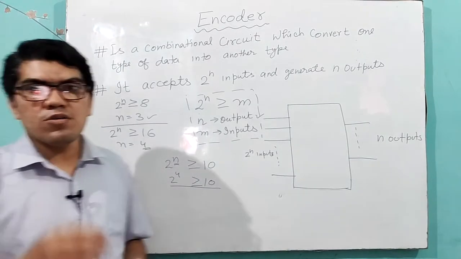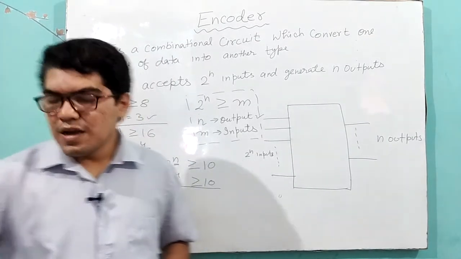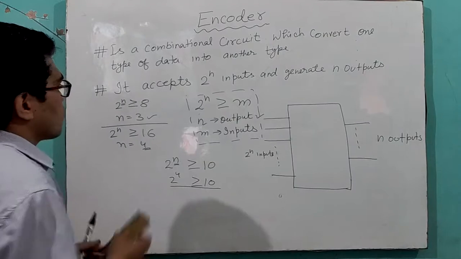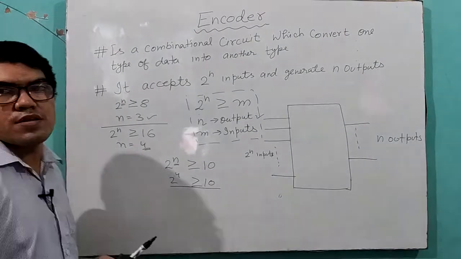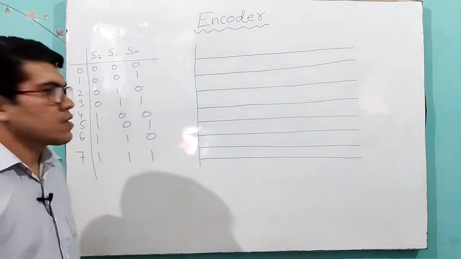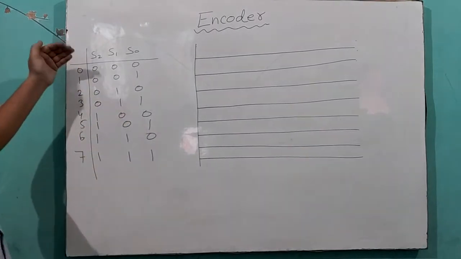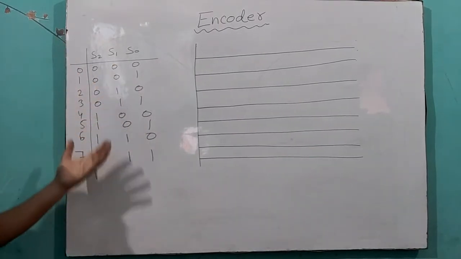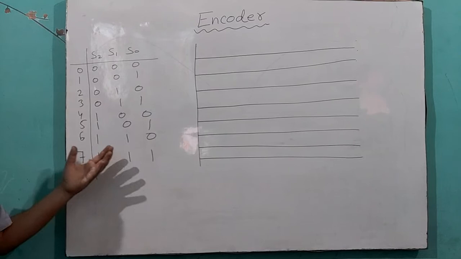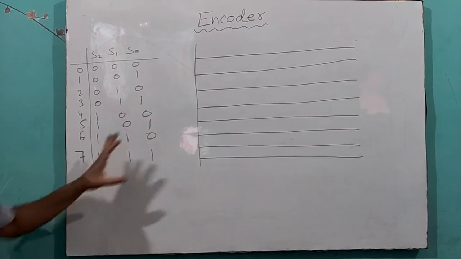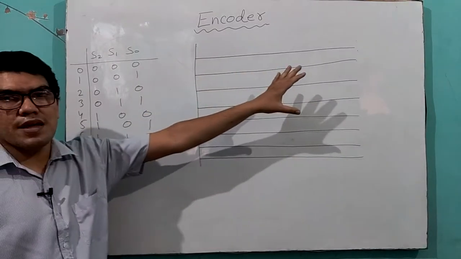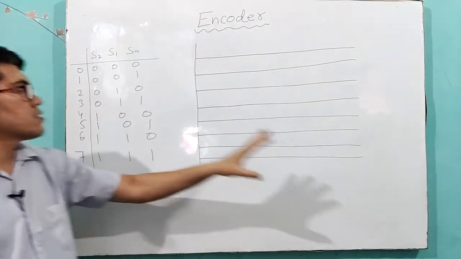Now I am going to draw a circuit diagram for the encoder. First I have drawn a truth table. This truth table will help you to draw the diagram.